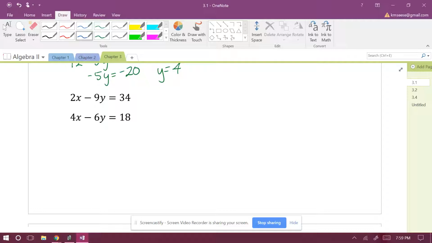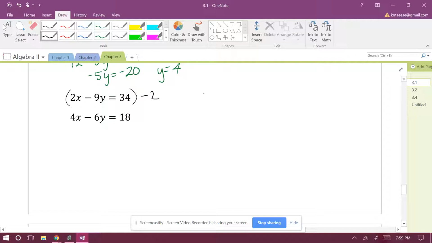When you look at this next example, you could go about this a variety of ways. I see the 2 and the 4. So what I'm thinking we're going to do is let's multiply this first equation. Now I need it to be a 4, but I need it actually to be negative 4. I'm going to multiply the entire top equation by negative 2.